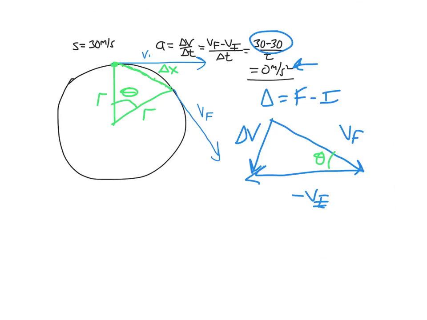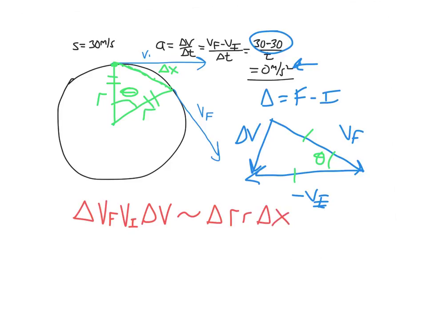If we look at these two triangles, they each have congruent legs and an angle in between, so they're isosceles triangles with the same angle. So they're similar triangles. The triangle with v final, v initial, delta v is similar to the triangle with r, r, delta x.